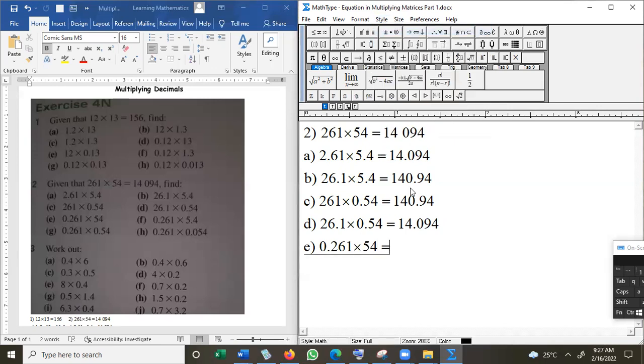Okay, so you know the answer 14094. So count the number of decimal places. The answer must have 14094. Count the number of decimal places so that you can find your final answer. Okay, I'm waiting. Did someone say 1, 2, 3? Correct. 1, 2, 3. Okay. So continue with the rest.